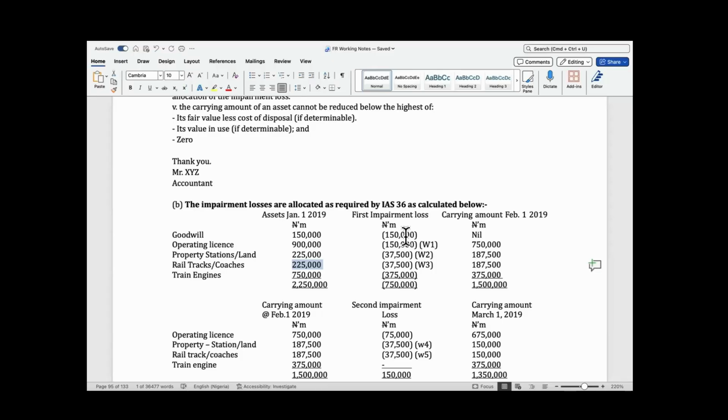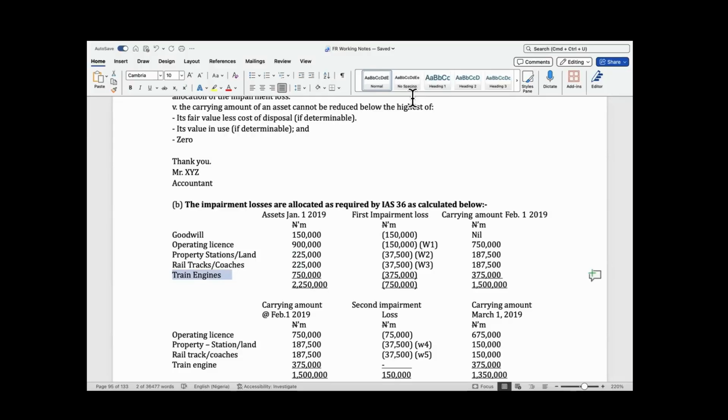Good question. So, as I was explaining, the remaining 225,000 will be shared among these three assets. You see, I'm excluding one asset, which is the remaining one train engine. It's only one train engine that is damaged. And I said the remaining 225 will be shared among these three assets. Who can tell me why I'm not going to impair the remaining one train engine further?